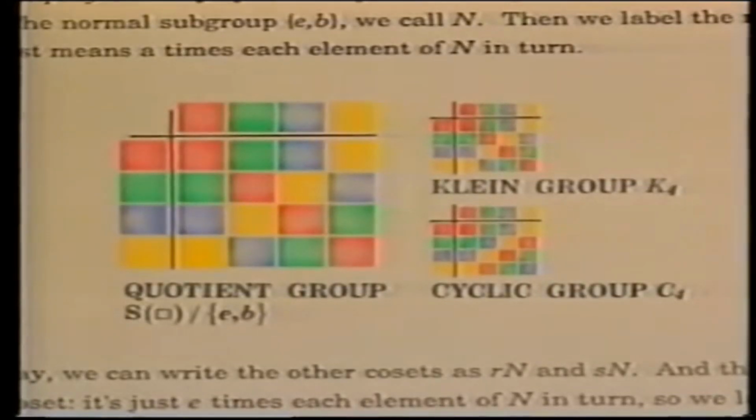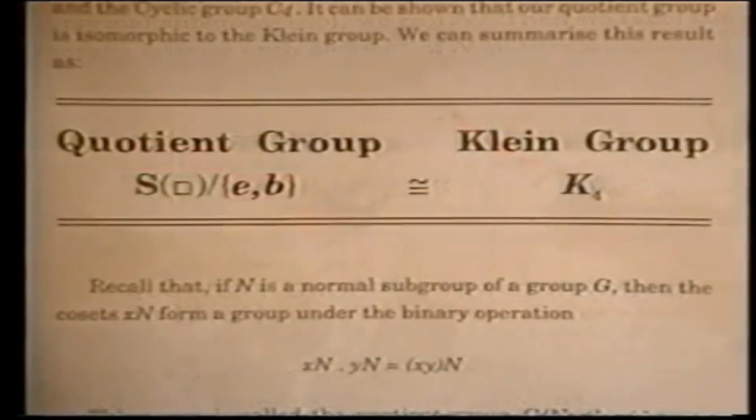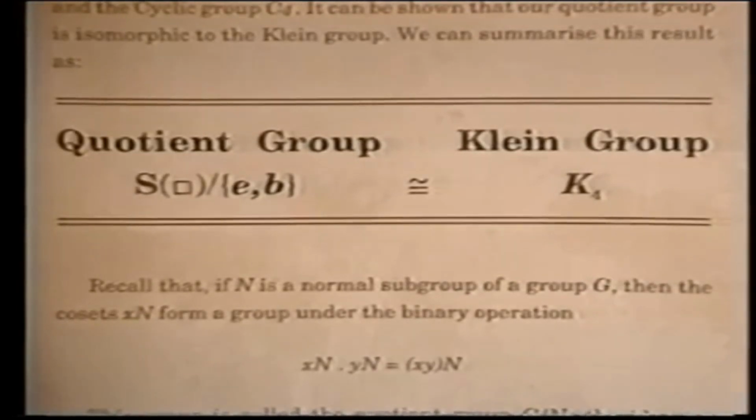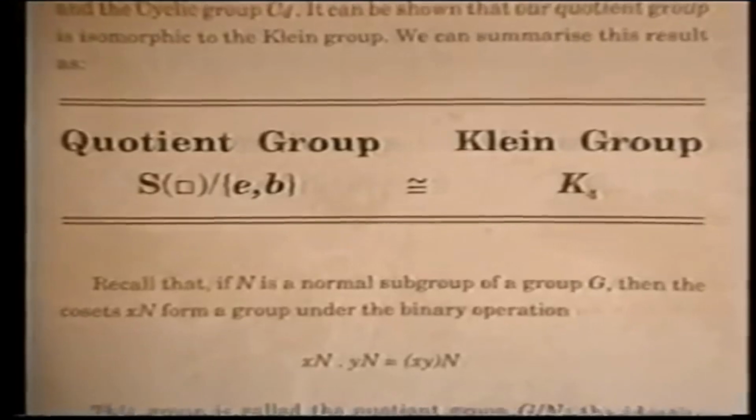If we look down the diagonal in the quotient group, we see that all the diagonal entries are the same. And that's also true of the Klein group. But the cyclic group has 2 different colours on its diagonal. So it follows that the quotient group S square over the normal subgroup EB is isomorphic to the Klein group.